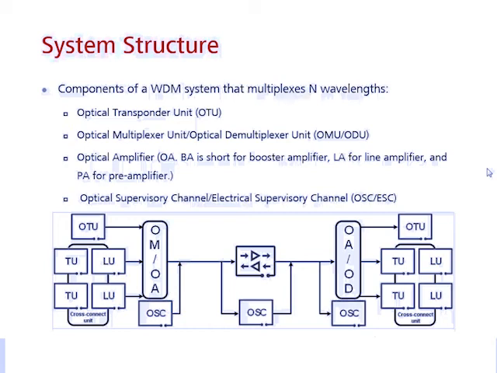Your service power will be decreased. So after we do this multiplexing, we need another unit, OA, optical amplifier, to make your service power higher again. Otherwise, we cannot just send it out because the launching power is too low, right? So you can see why in our WDM system structure we have OM and OA together right over here. Okay, then we can send it out.